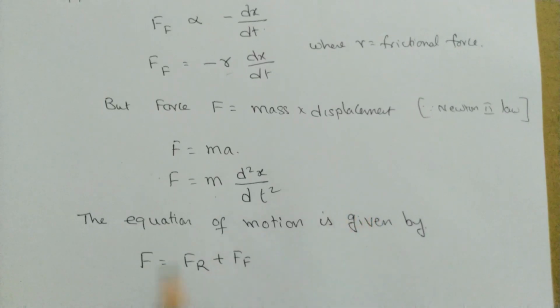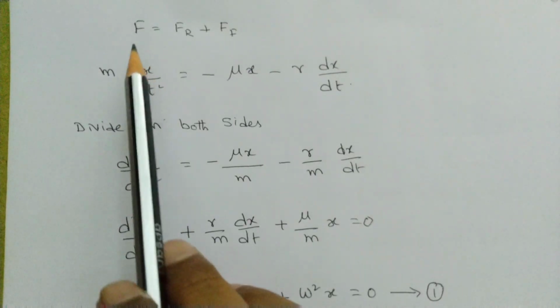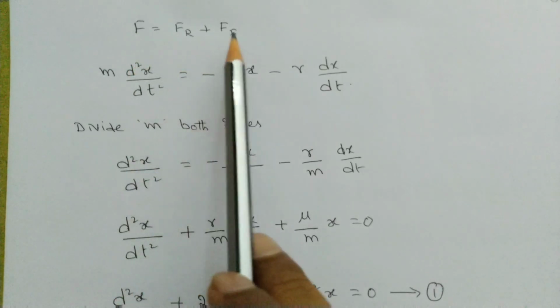Now we have to make a final general equation. The total force is equal to the restoring force plus the frictional force. Actually this restoring force is opposite to the applied force, and the frictional force is also opposite. Again I write this equation: F is equal to Fr plus Ff.